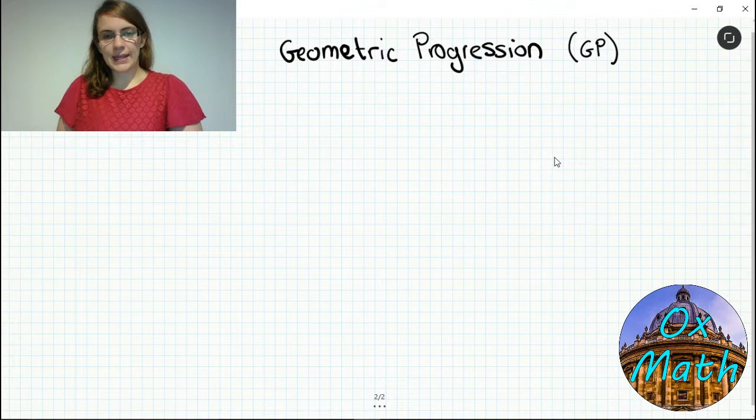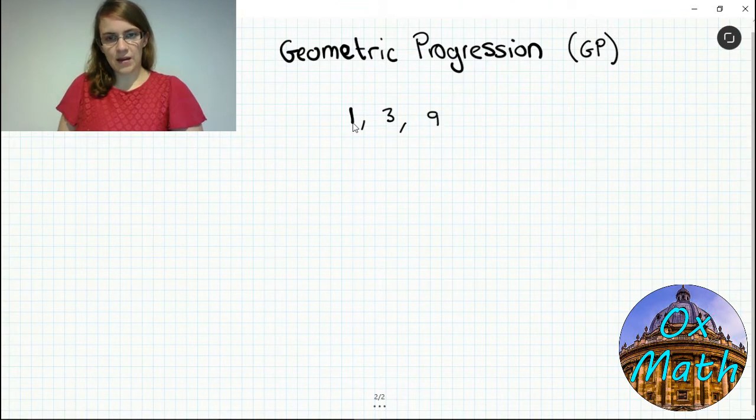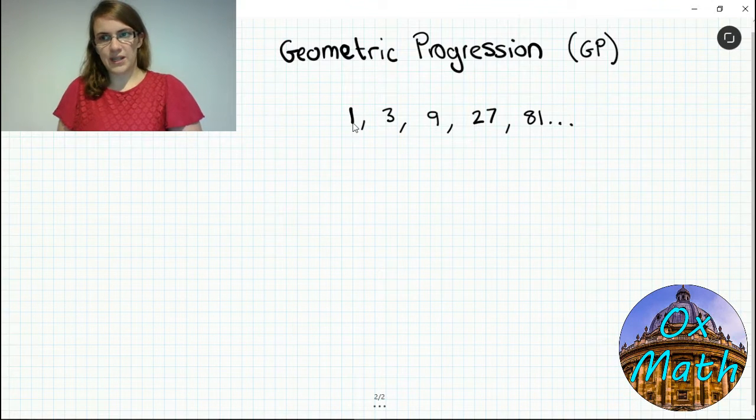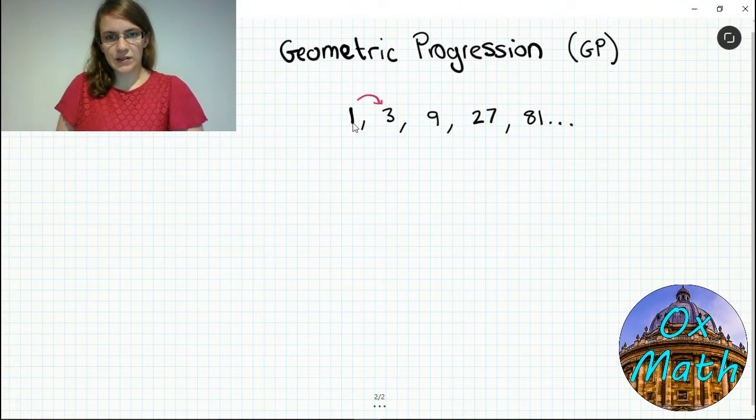So a geometric progression or geometric sequence, GP for short, is just a special type of sequence. In this case, it is a sequence where each successive term has a common ratio. So for example, the sequence 1, 3, 9, 27, 81 and so on would be an example of a GP because each term is 3 times the term before. So the ratio between successive terms is constant.